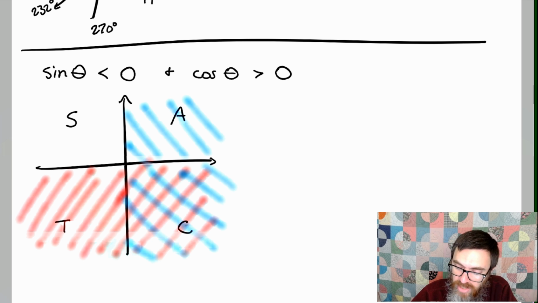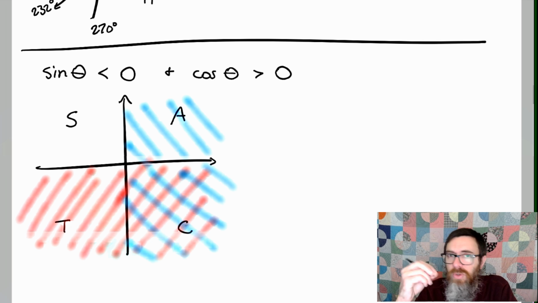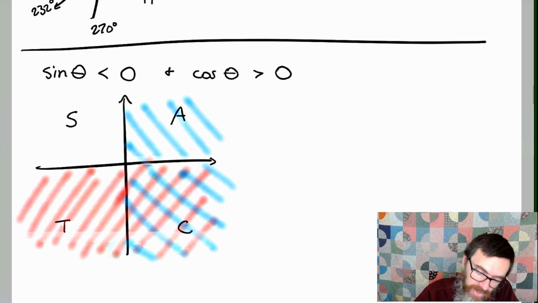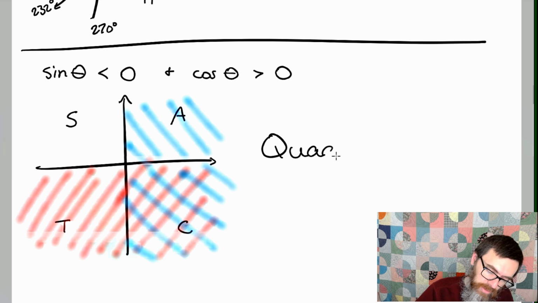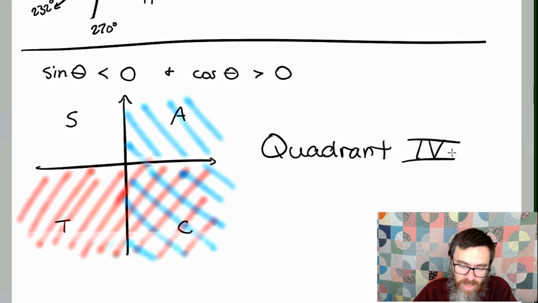So the question is asking, in what quadrant can you have a sine value be negative but a cosine be positive? And that's going to be in quadrant 4. We can see where they overlap, and that intersection is the answer for this.